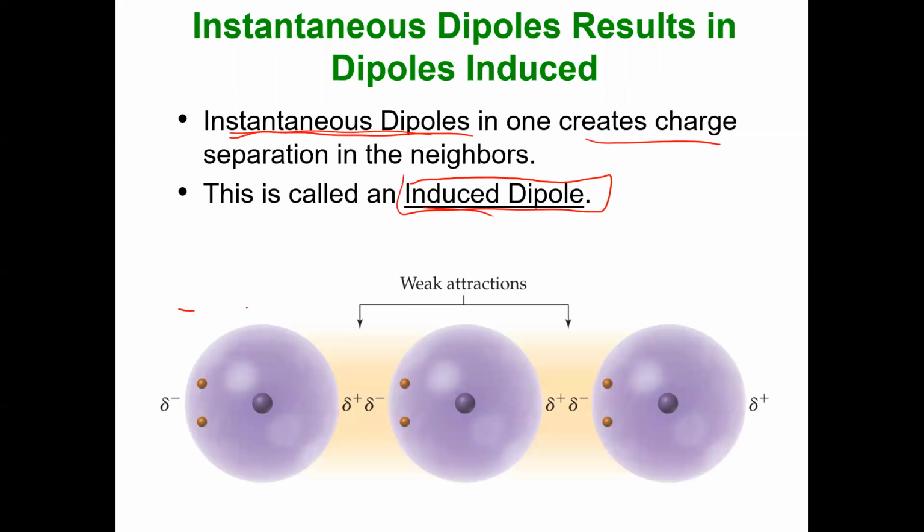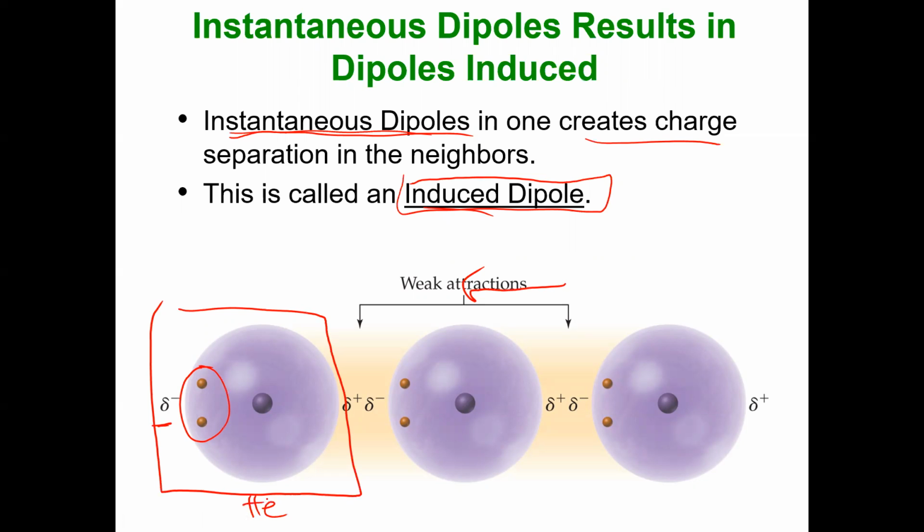So if I had that previous helium atom for one instant where the electrons are on one side and I create a partial negative and a partial positive, as another helium atom approaches this one, the electrons are going to be pulled in this direction in this electron orbital cloud because they're attracted to the positive backside of that helium.